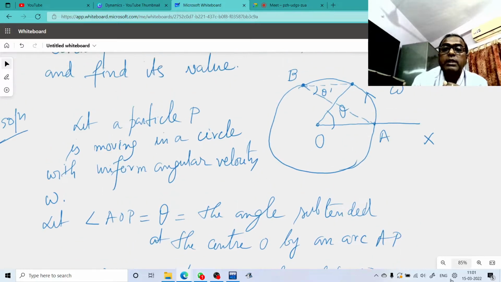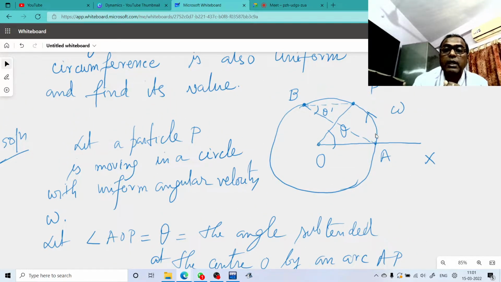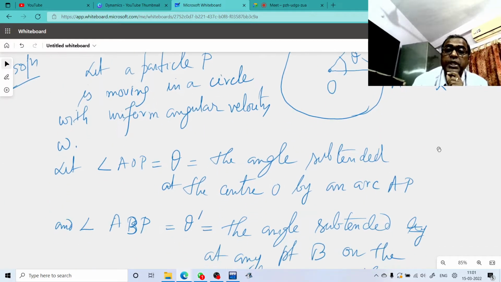So theta dash is the angle at any point B on the circumference by the same arc AP. By this arc AP we get the angle theta at the center O, and by the same arc AP we get the angle theta dash at any point on the circumference B.